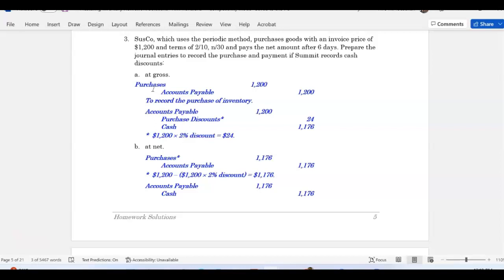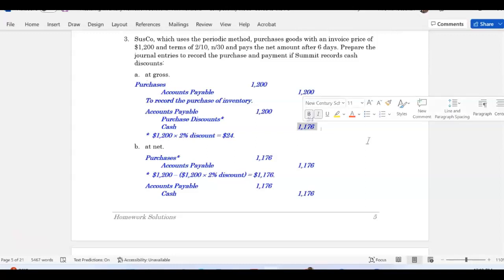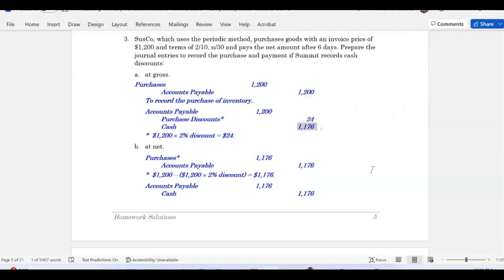Net purchase equals purchase less purchase returns, less purchase allowances, less purchase discount. So $1,200 less purchase discount of $24. The net purchase is $1,176, and that's why we exactly pay $1,176.